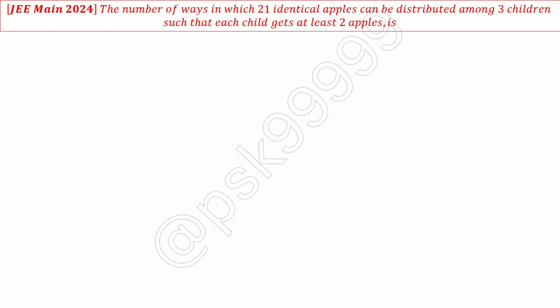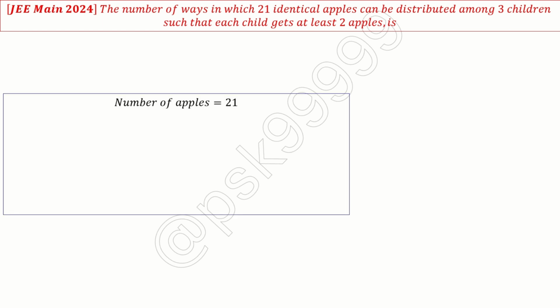You have 21 identical objects, and the bins are the children here, 3 different children. How many ways can you give? And each kid should get at least 2 apples here, not 0. The stars and bars we learnt is for each one being greater than or equal to 0, so they can get 0 up to the maximum.